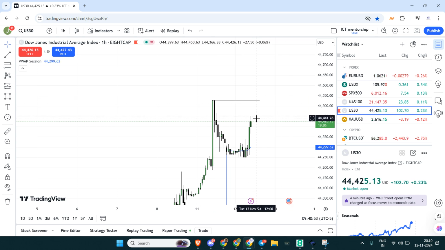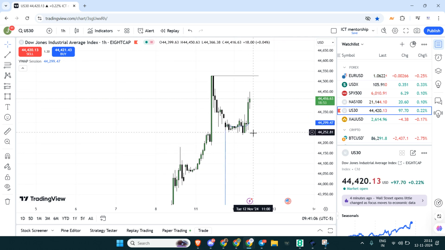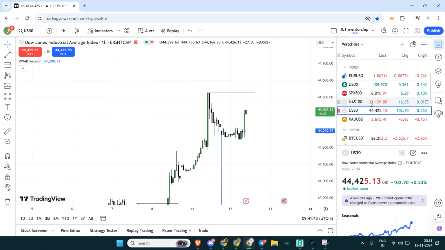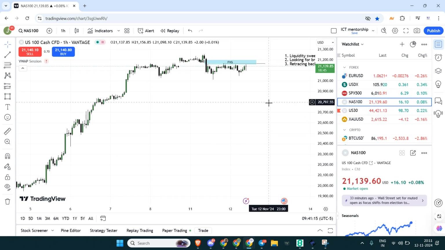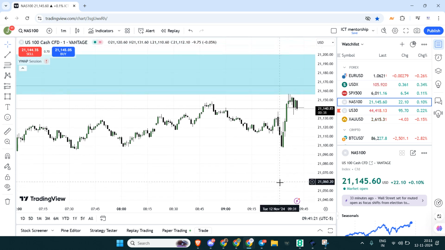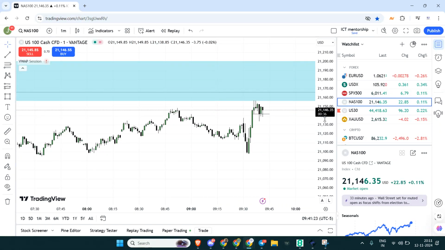So sorry, USDT may go up a little higher and take this liquidity, or go up to the 44,550 level, and you'll see a wick there and it will break this low here. That will be a great trade if it goes like that. But we'll be taking trades in Nasdaq because it's less volatile compared to US30. So we'll be looking for trades there.